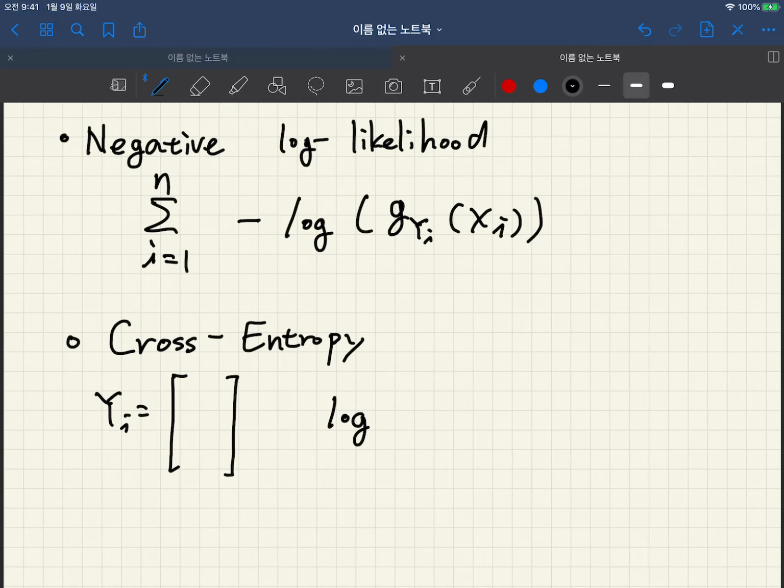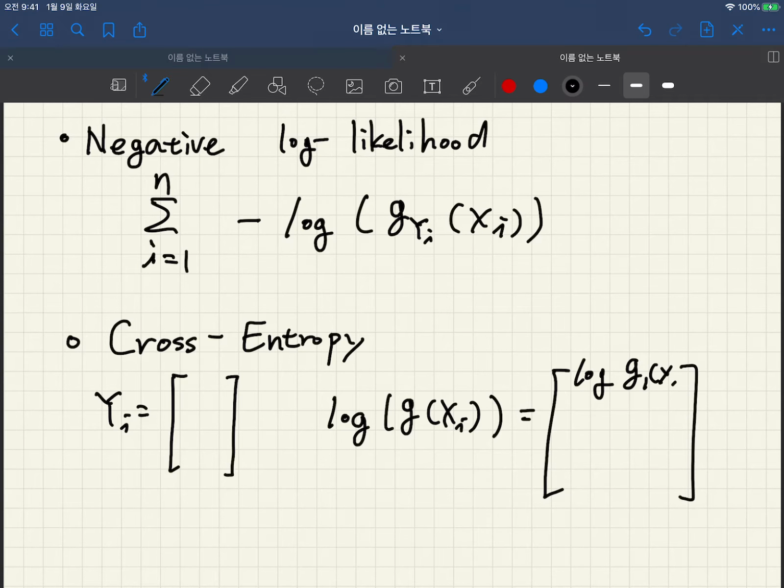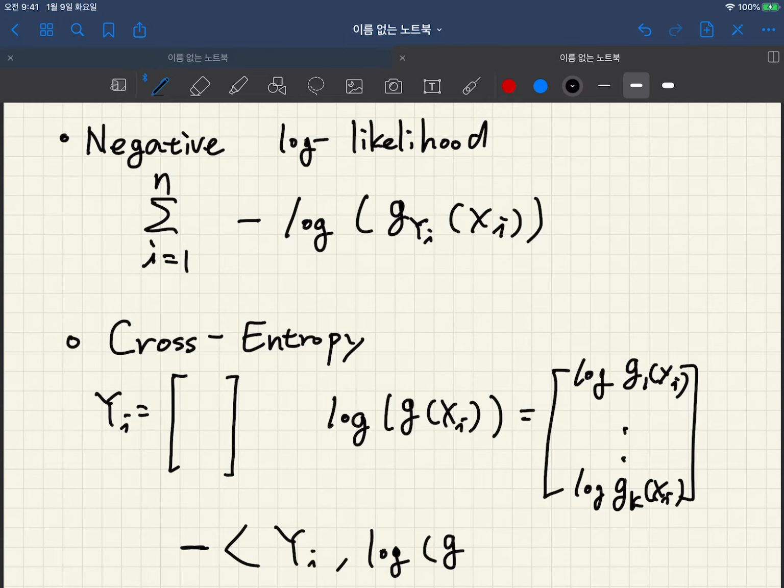Let's say log g(xi) is the vector consisting of log g1(xi) to log gK(xi). Then the cross entropy value is basically the inner product between the target output vector yi and log g(xi), the log softmax vector.